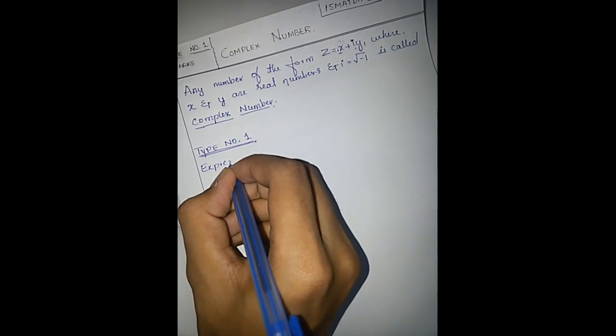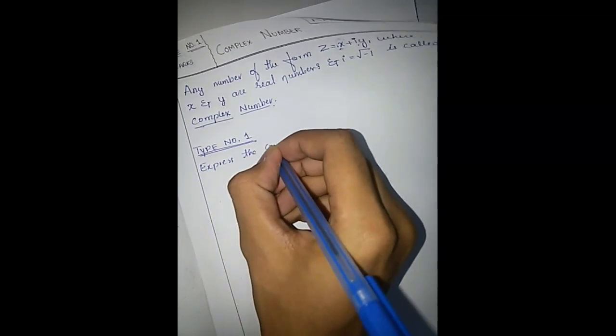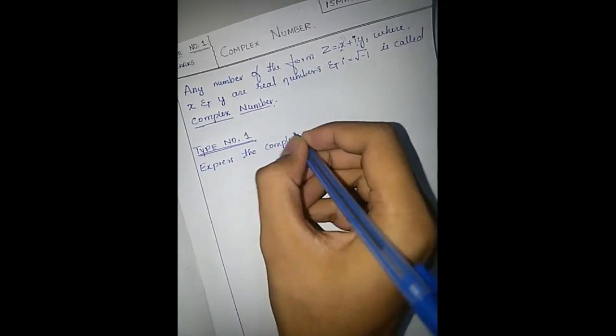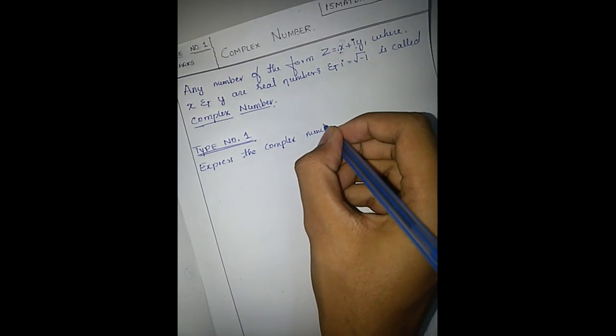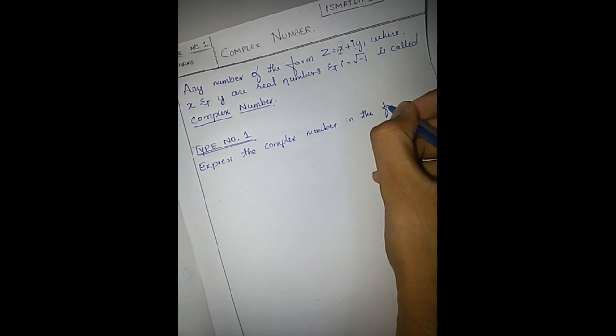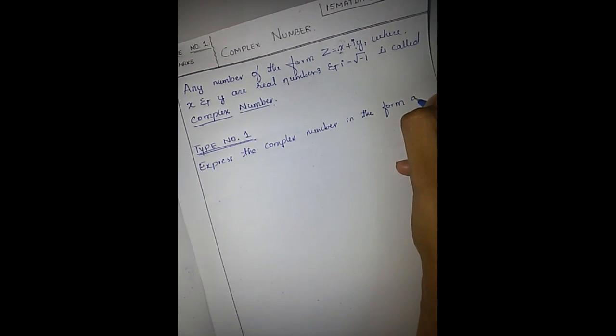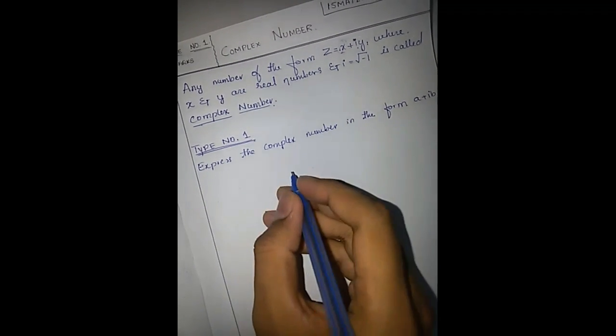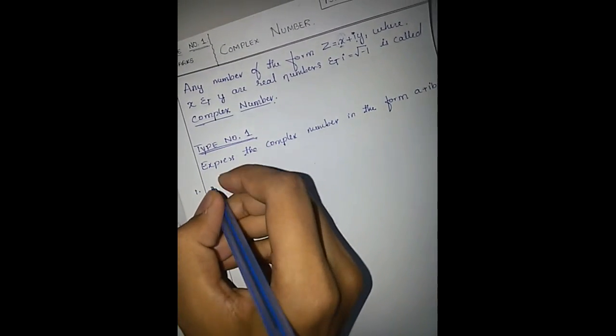Express the complex number in the form a plus ib. Question number 1.